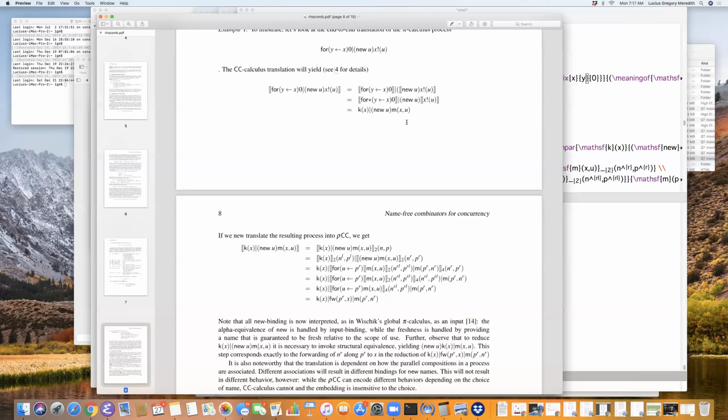Okay, this is what I understand. Yeah, so that's how we get rid of new, and then getting rid of 4 is just the usual SKI stuff. You're just distributing the names to the right places. Okay, this makes sense. Yeah.